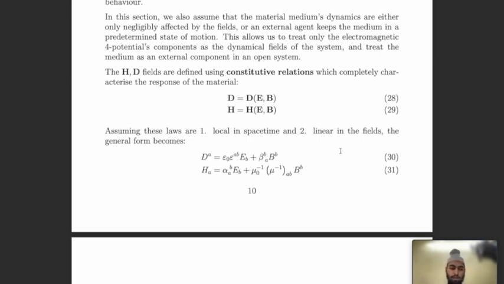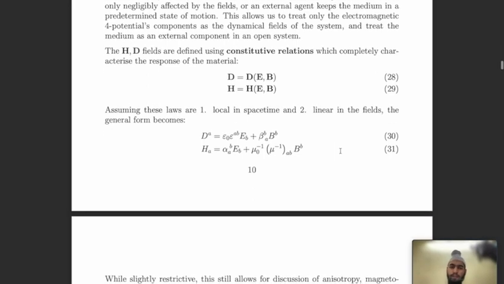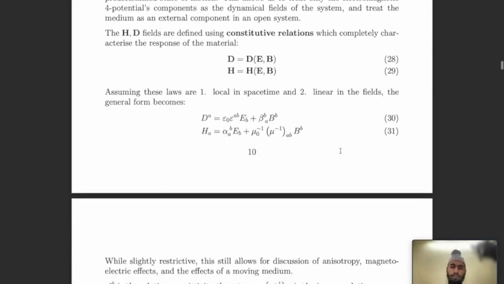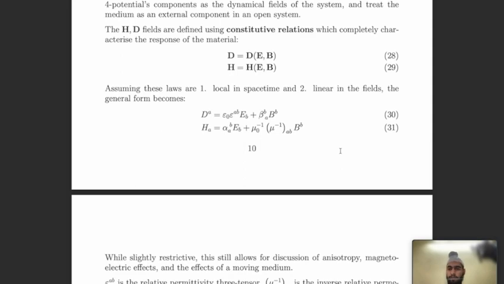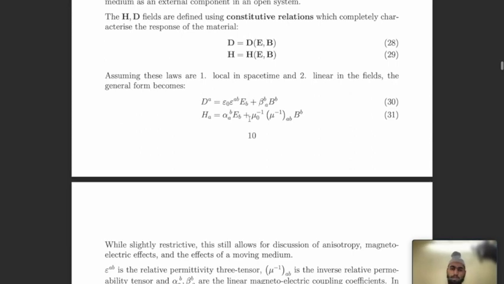Locality means that we don't have any integrals or convolutions or derivatives of the E and B fields in these relations, and linear in the fields means we don't have any other complicated functions of E and B, no products of E and B, no polynomial terms. For example, for the D field, we have an electric field component, all three electric field components, all three magnetic field components, scaled by some epsilon and some beta.